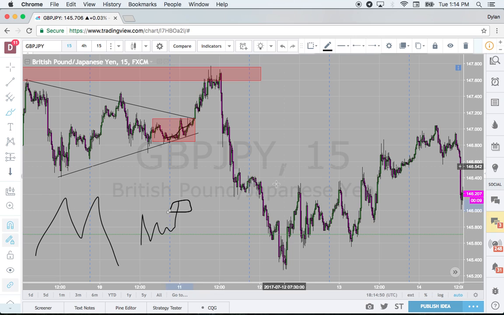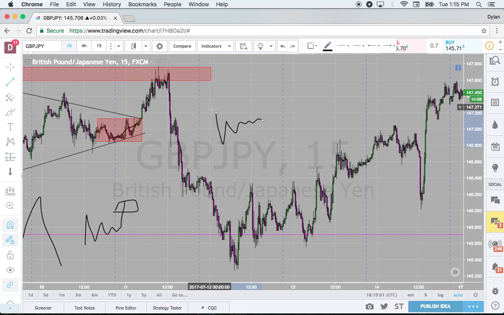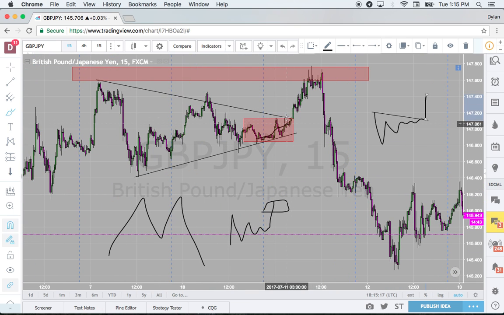Now, when I was trading mainstream retail information, I was taught to graph this wedge like this and then trade the breakout. Let's say the breakout is to the upside, we're taught to buy this upside movement.